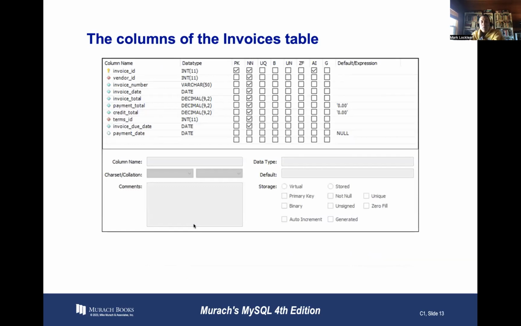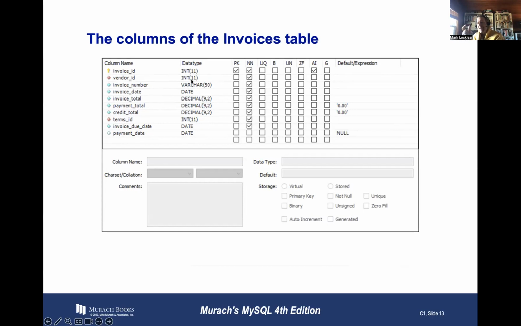So this is an example of what the configuration of a particular table looks like. Again, we see the same thing. This is the invoices table. Notice we've got invoice ID, vendor ID, invoice number. And then notice the data type for each one of these. Invoice ID and vendor ID are ints. And that makes sense, right?